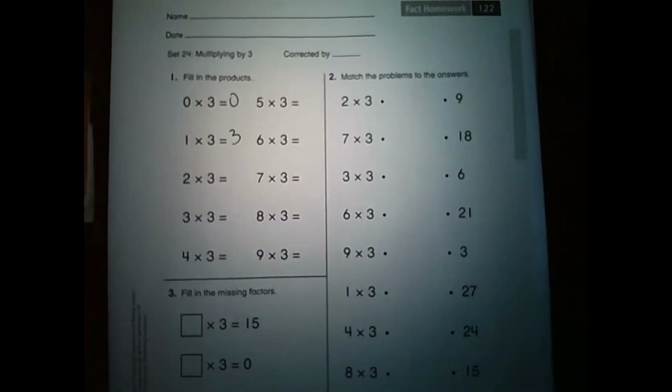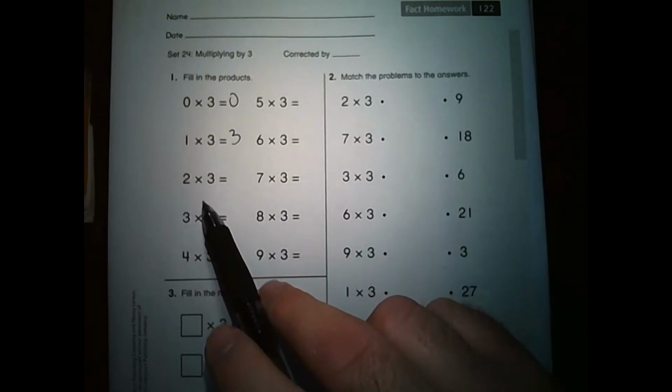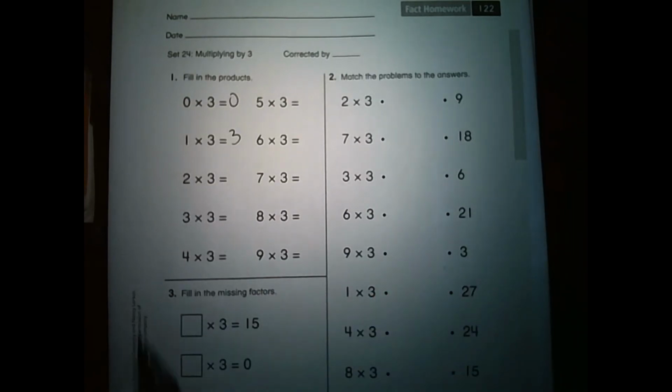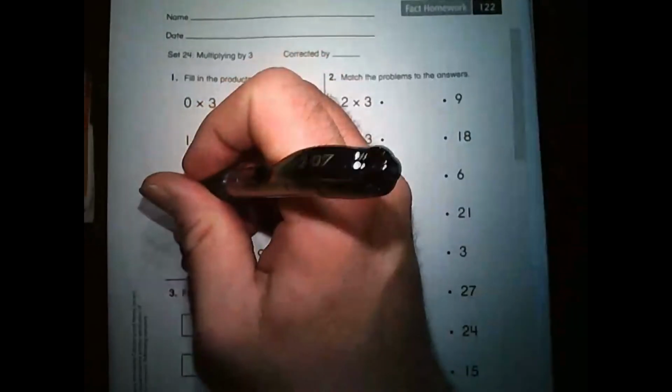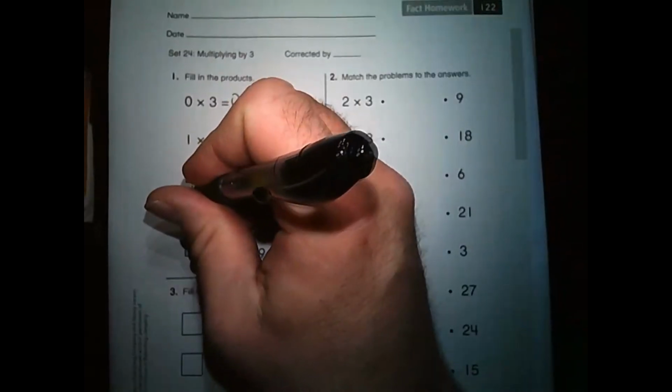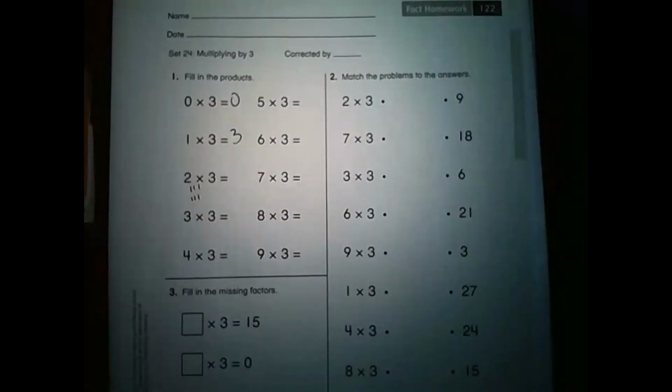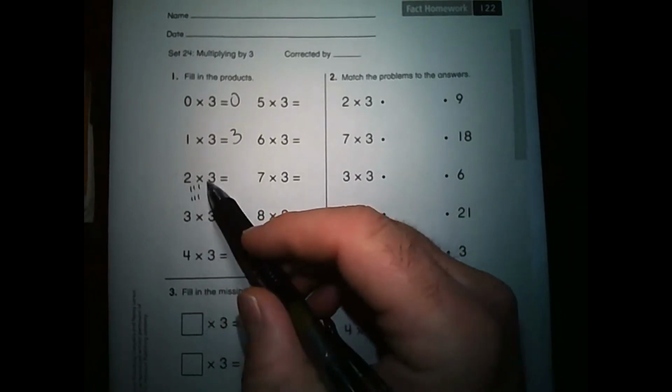Okay. For our last one in this area, 2 times 3. Okay. Remember, this is saying you have 2 groups of 3. So you are going to make 1, 2, 3. That's group 1. 1, 2, 3. That is group 2. Let's count them all together in order to find our answer or our product. So 2 times 3.